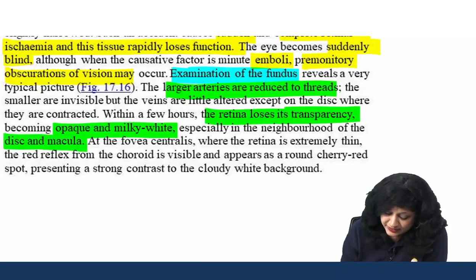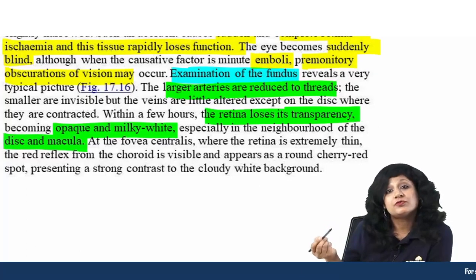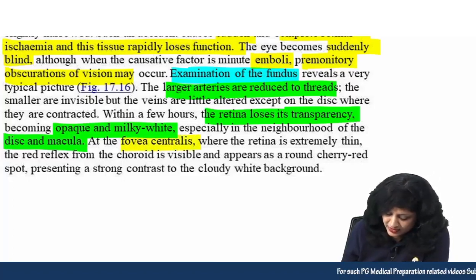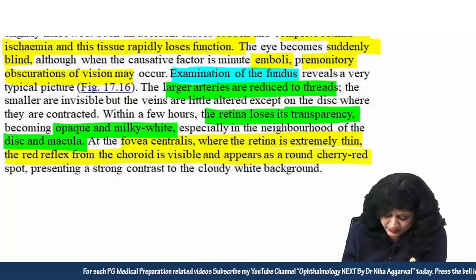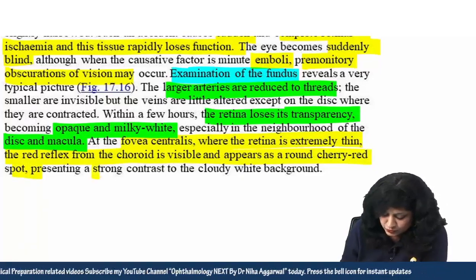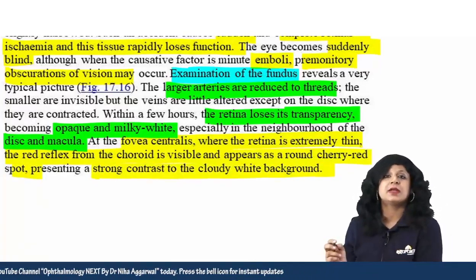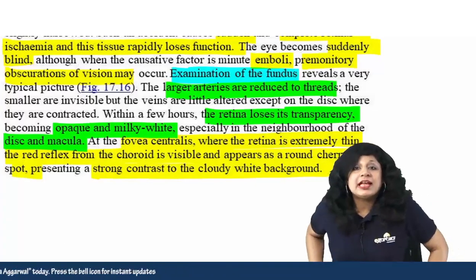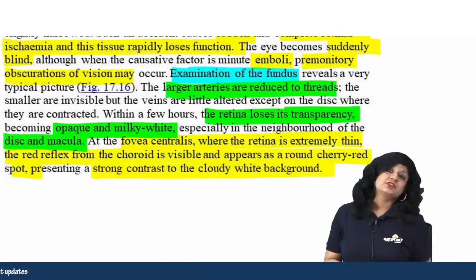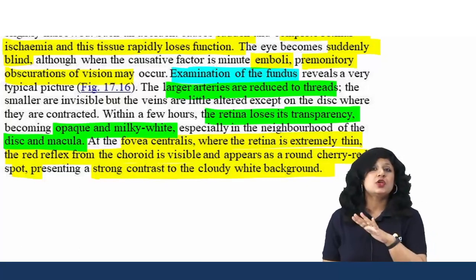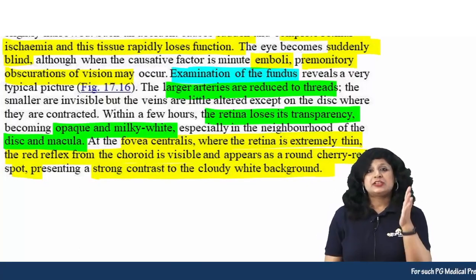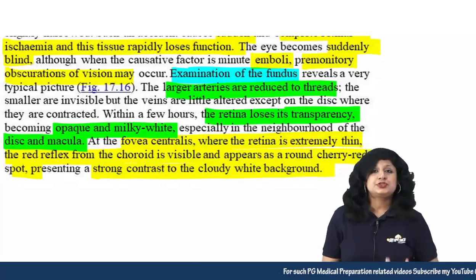At the fovea centralis, they are telling you one important thing. Where the retina is extremely thin, the red reflex from the choroid is visible and appears as a cherry red spot, presenting a strong contrast to the cloudy white background. So they have beautifully explained the pathogenesis of the cherry red spot. What is a cherry red spot? It is not anything abnormal. It is not a collection of blood, not a collection of any pigment.